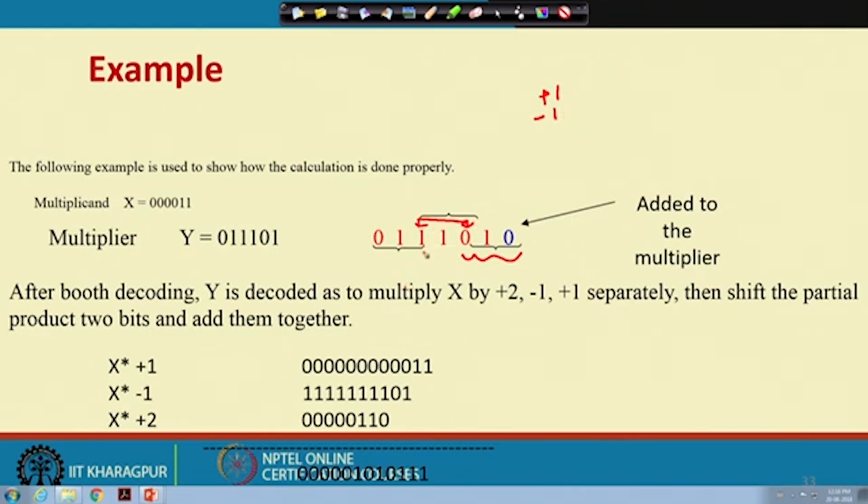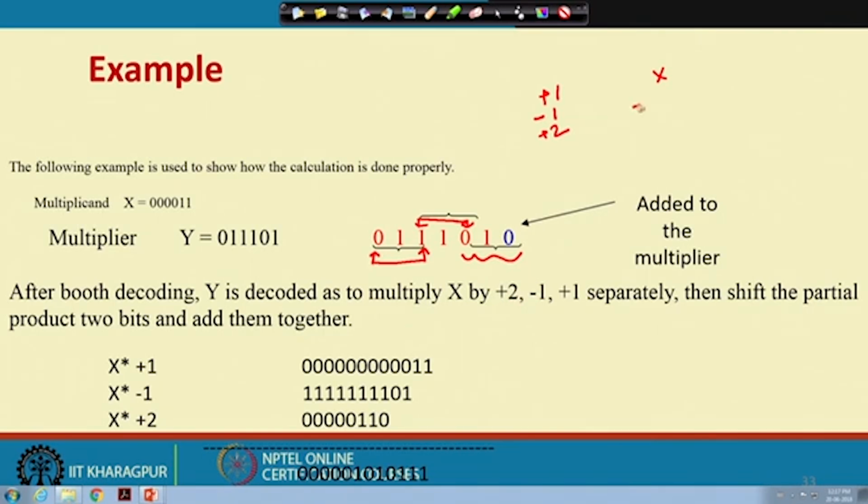For the next set I will consider these 3, and for 0 1 1, that is plus 2. Now, x plus 1 means the operation is that the multiplicand is plus 1, which is nothing but x. In the next it is just the 2's complement of that.